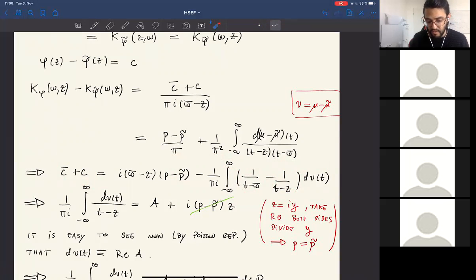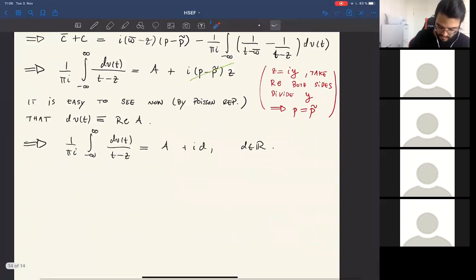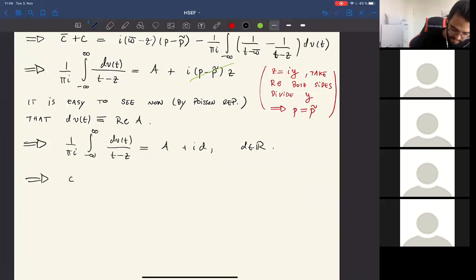But C had to be real. Yes, the real part of C is 0. So then you conclude that C is a complex constant, that C equals some i C naught for C naught real.